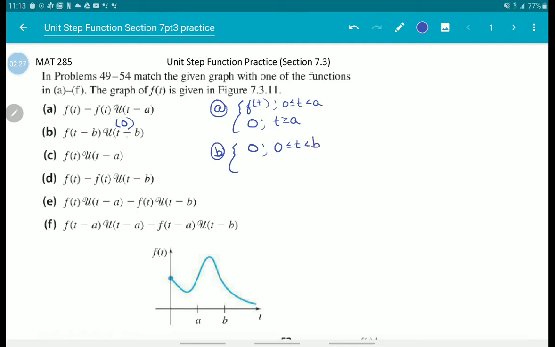But then once we hit B, it turns this piece on. So that unit function can be replaced by 1. And then we're going to hit the function f of t minus b. Now keep in mind what this t minus b is going to do to that graph of f of t. It's going to shift it right b units.